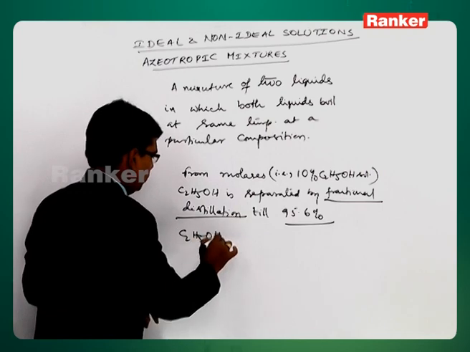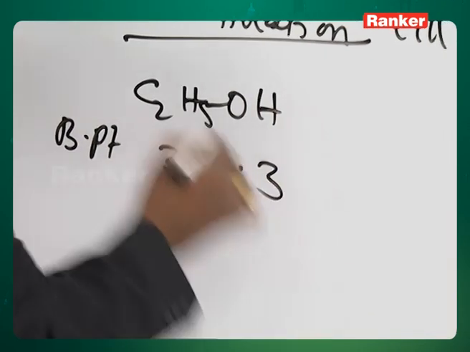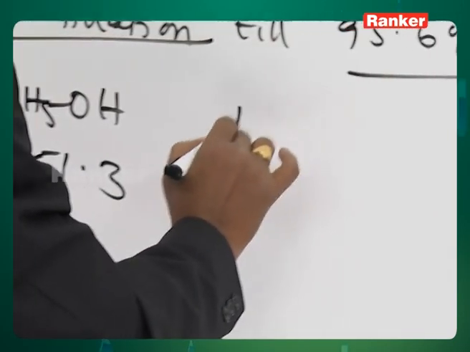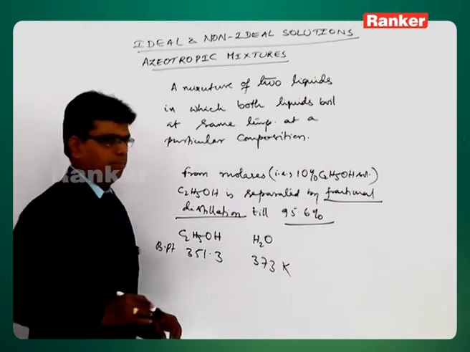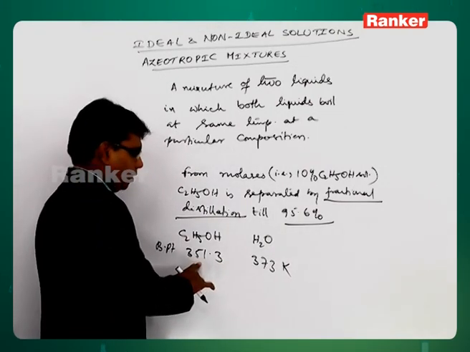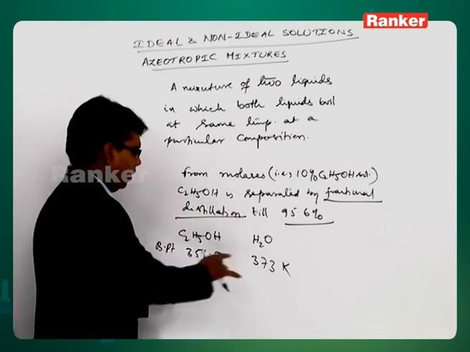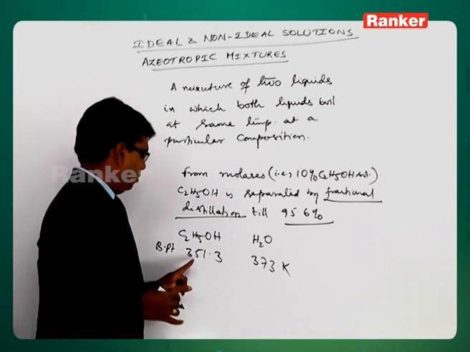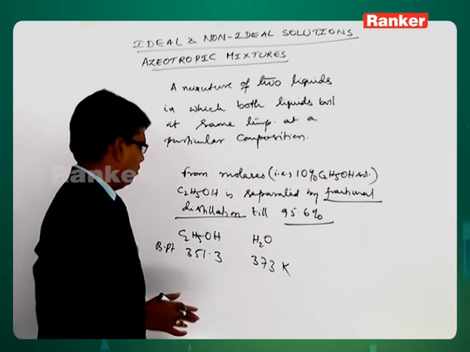Ethyl alcohol boiling point 351.3, water boiling point, as all of us know, it is 373 Kelvin. Now, as the boiling point of ethyl alcohol is less than the boiling point of water, during fractional distillation, this ethyl alcohol evaporates fast.